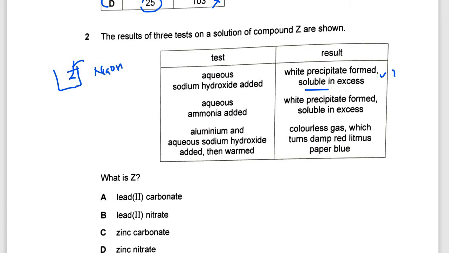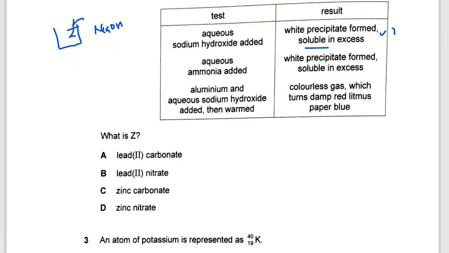Whenever there is a white precipitate, zinc forms a white precipitate, but you have to confirm with other things also, like aluminum. Aqueous sodium hydroxide added then warm, so a colorless gas which turns damp litmus paper blue. So they have already given you a hint. A white precipitate is only possible with zinc, so zinc nitrate. Now either it will be carbonate or it will be nitrate.